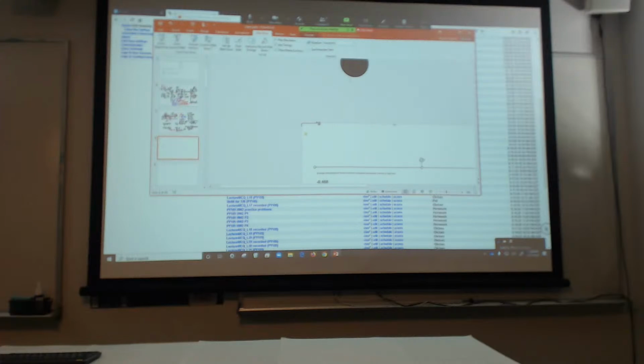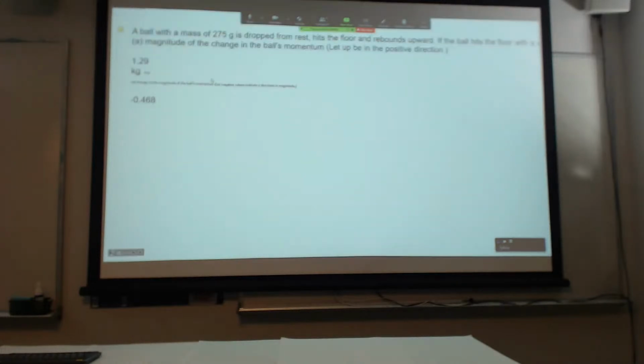A ball with the mass is dropped from rest. So initial speed is 0. The mass is a given number. Different people may have different numbers. And let's convert it to kilograms immediately.